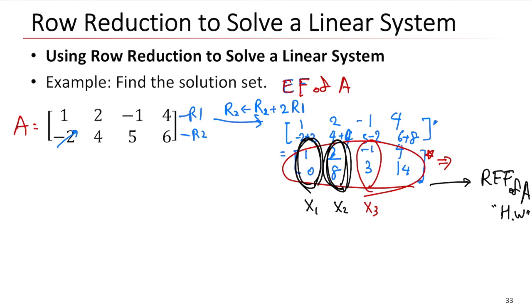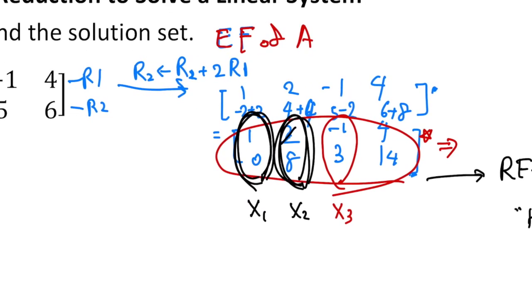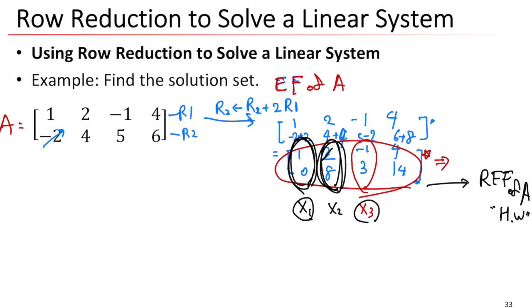Okay, so then how can we do that? Actually, we can go further to eliminate this part. Just represent the variable x1 in terms of x3. Okay? Then how can we do that? R1 will be R1 minus 1 over 4 times R2.